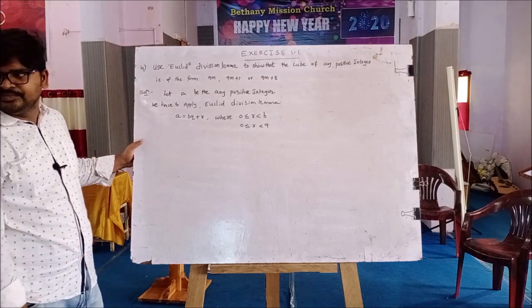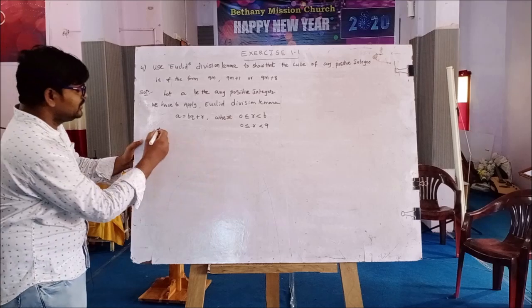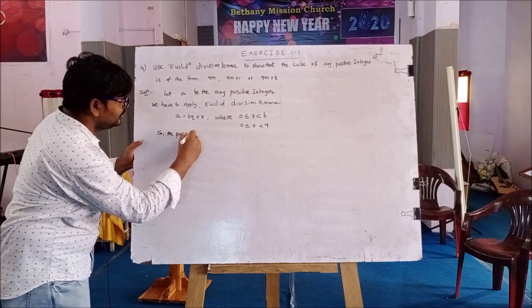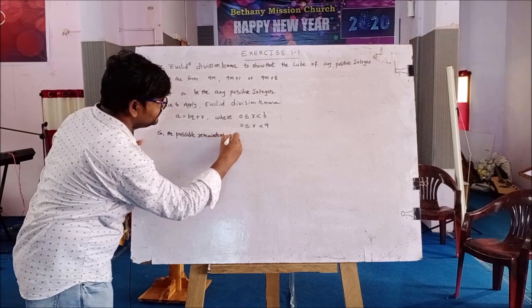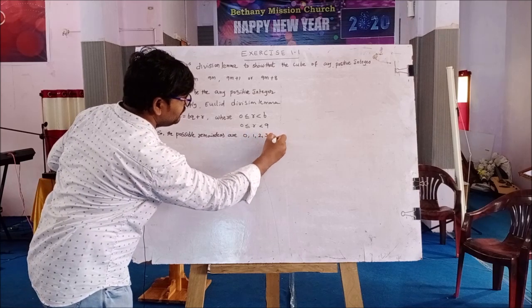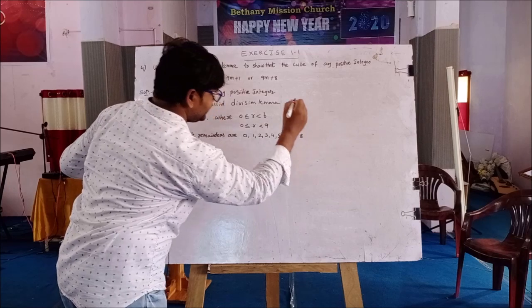Below 9 the numbers are 0, 1 and so on up to 8. So the possible remainders are 0, 1, 2, 3, 4, 5, 6, 7 and 8.